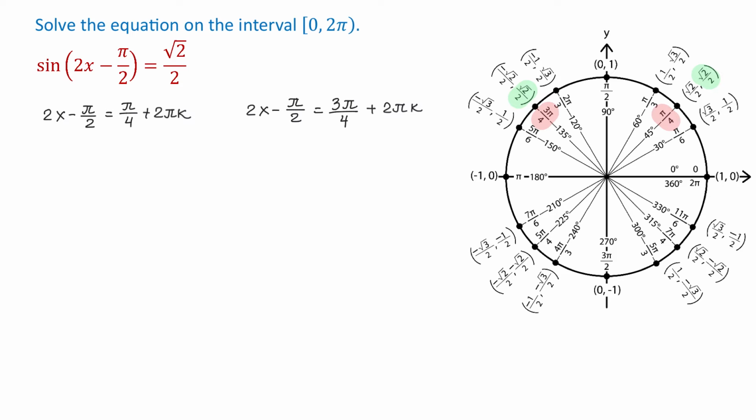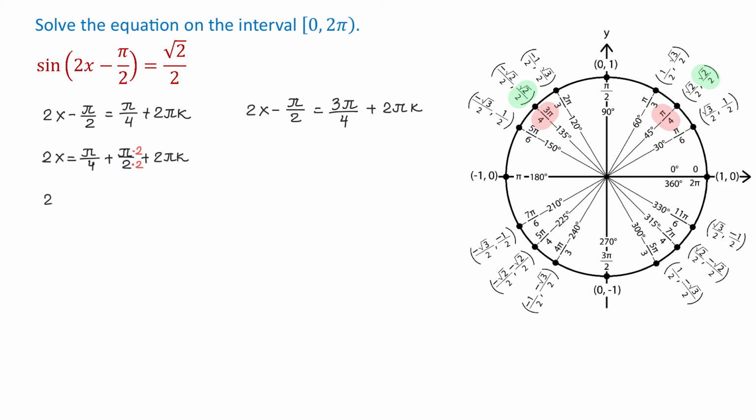And now we need to solve each of these equations for x. In the first equation, I will move negative pi over 2 to the right. Then I will have 2x equals pi over 4 plus pi over 2 plus 2 pi k. Now, to add these two fractions, we need to have the same denominator. Therefore, we will multiply the numerator and the denominator of this fraction by 2.